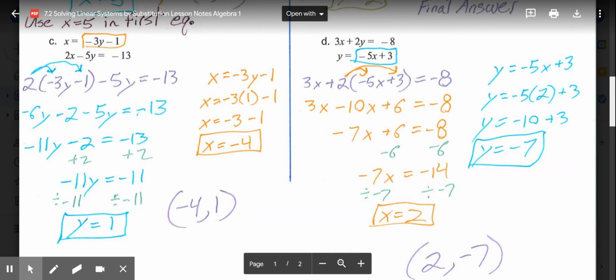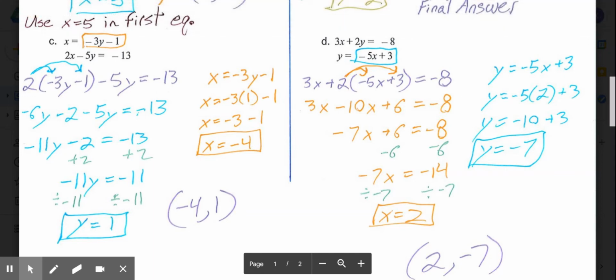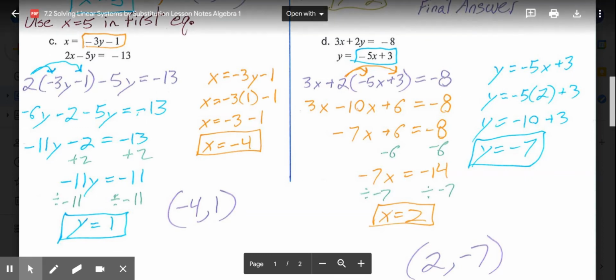So our ordered pair for D would be 2, negative 7. So instead of graphing these to find our ordered pair where the graphs cross, we're using substitution and solving both equations to get our 2 values.